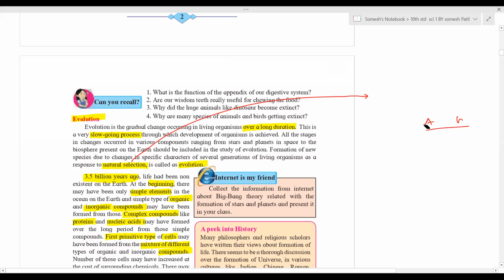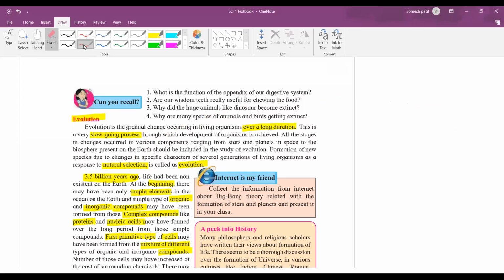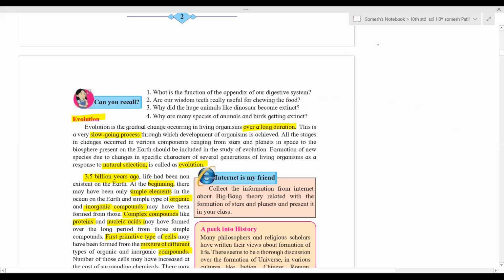Okay, so now if you want to remember this complete theory of evolution, how is it? It just requires some words. So see, how was the evolution? Very simple. We have the earth, 3.5 billion years ago, which gives you an idea of how slow it is. Then you have the first elements, which are generally simple elements. These simple elements further converted into what? Compounds.